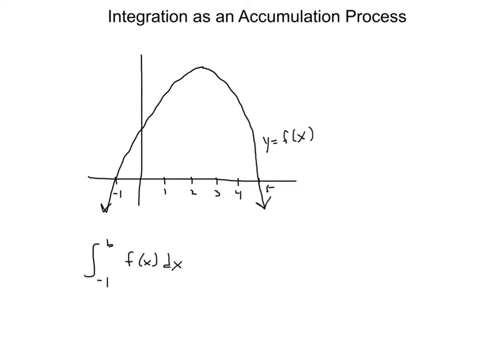The last thing I need to remind you of is the whole idea of the area as an accumulation, this integration as an accumulation process. In other words, by changing where we have our upper limit of integration, we're going to be adding more area to a problem. So if I had the integral from -1 to -1, I know that is one of our rules, that's going to be 0.